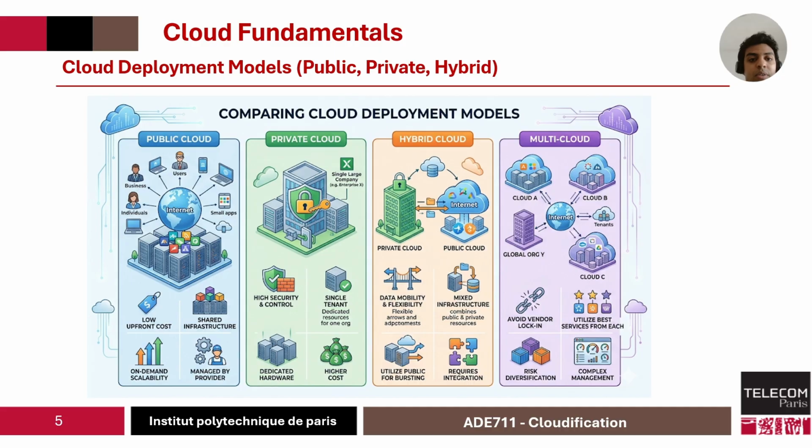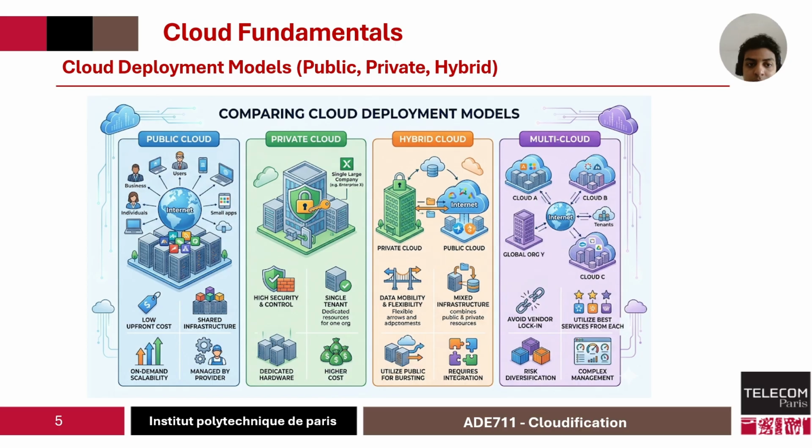And there are four main deployment models for clouds. The first one is the public cloud, where anyone can use the resource and it's not reserved for you. It's low cost and of course you have a shared infrastructure.